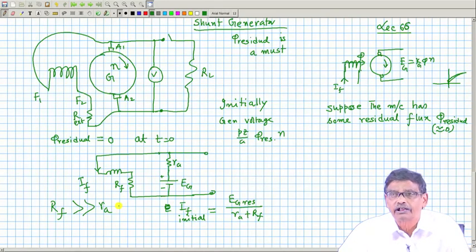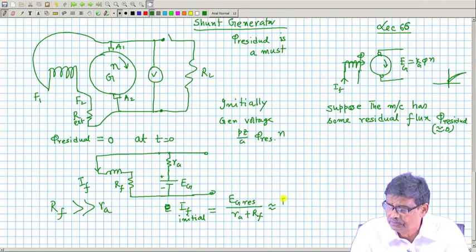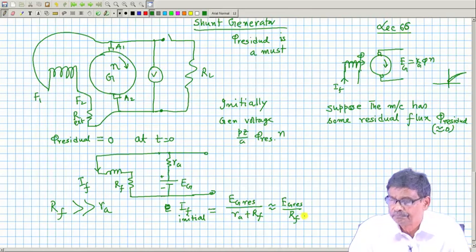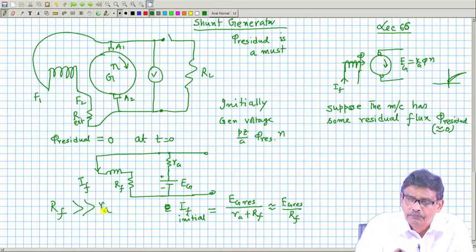It is of that order, 200 times, like that. Therefore, this is approximately then equal to, I can say, E g residual by R f, because R a is much smaller than R f. So, a little field current will flow.